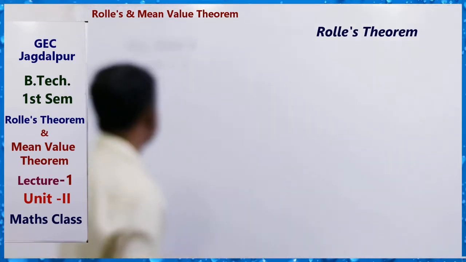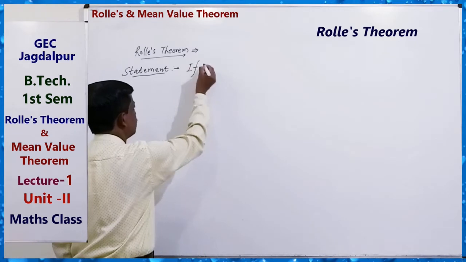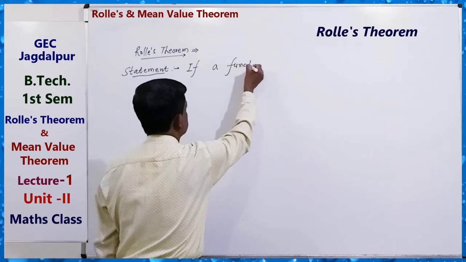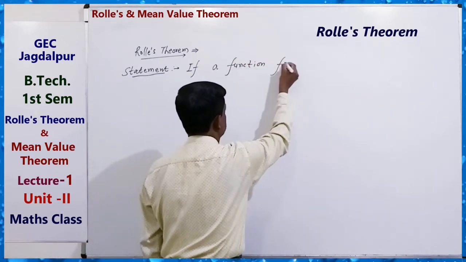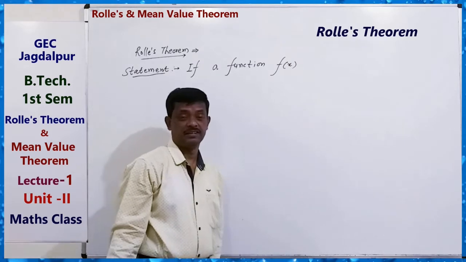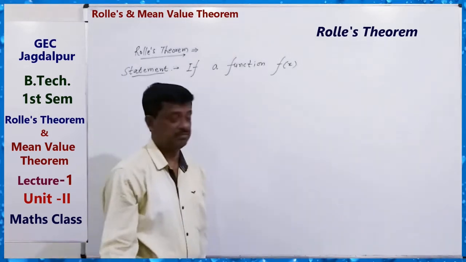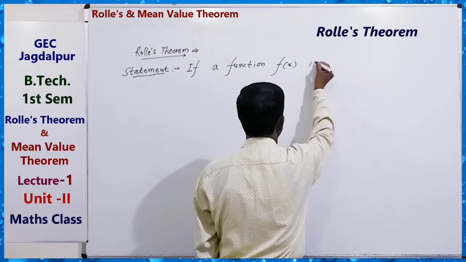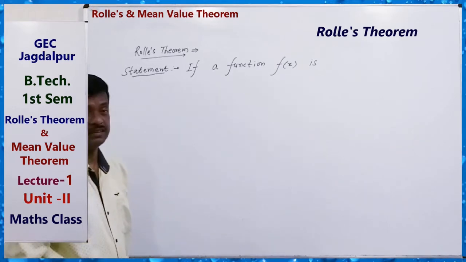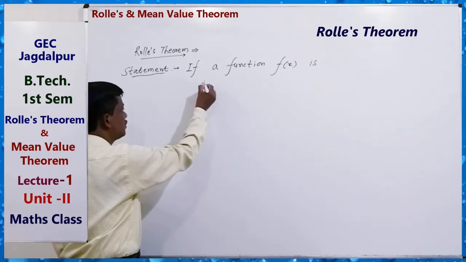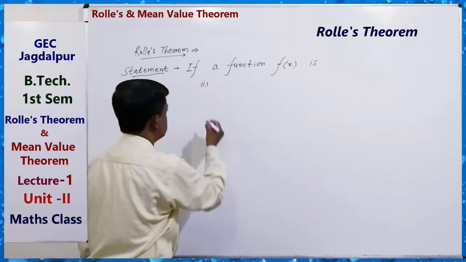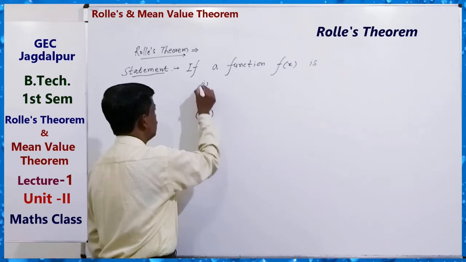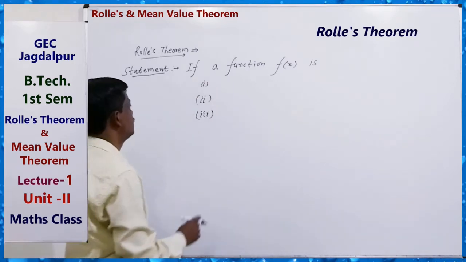Here is the statement: if a function f(x), maybe a polynomial function or another type of function, satisfies three conditions for Rolle's theorem.